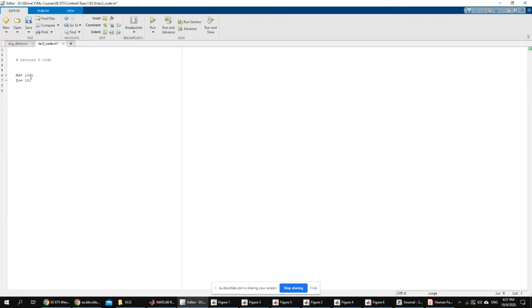I'm going to generate n small from 0 to Ns minus 1, and x, the signal, equal to sine of 2 pi times f node times t, where t node is equal to 1 over f node, times n, and just plot it.